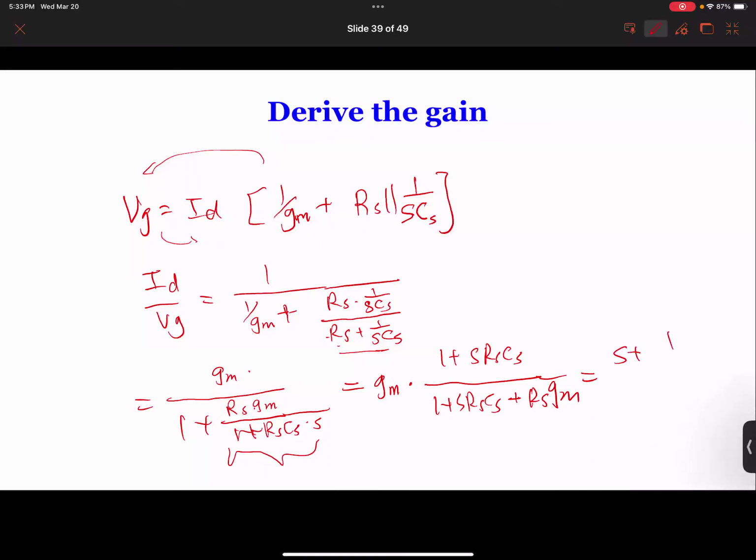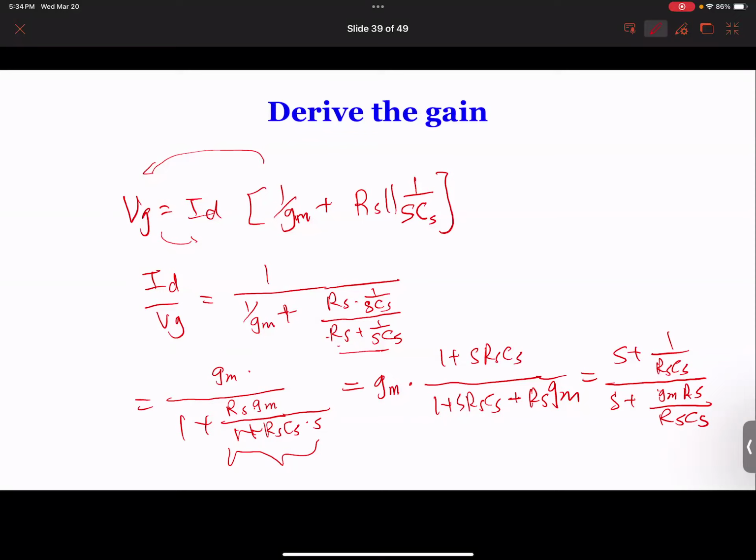It becomes S plus 1 over RS-CS divided by S plus this GM times RS over RS CS. Okay, so we got this. Let me make sure this is right. GM times RS. Yeah. So now for this, you already know that you have 1 zero and 1 pole.